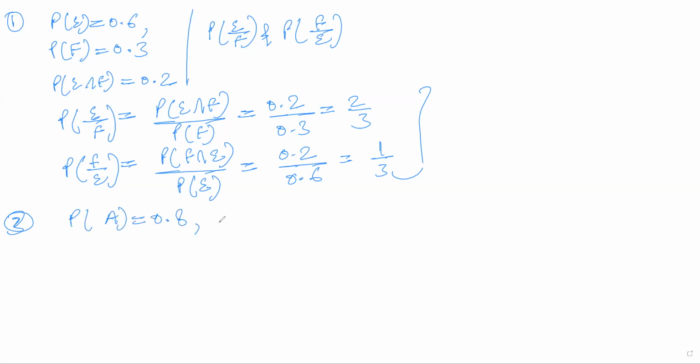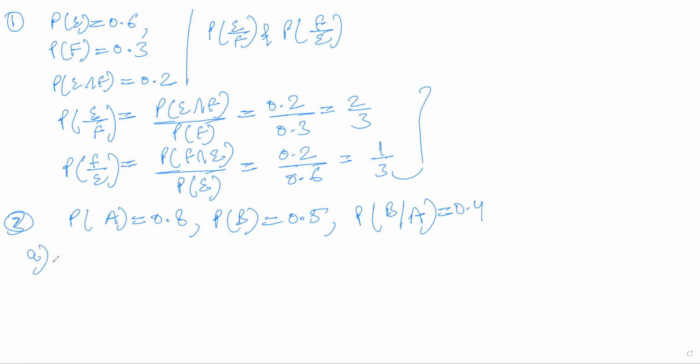P(A) is 0.8, P(B) is 0.5, and P(B given A) is given to you. That is, conditional probability is given, which is 0.4.